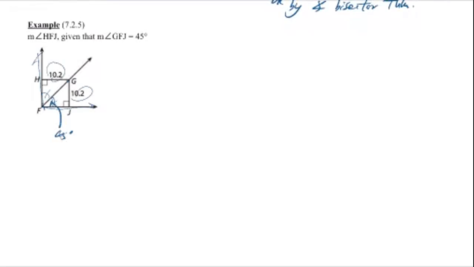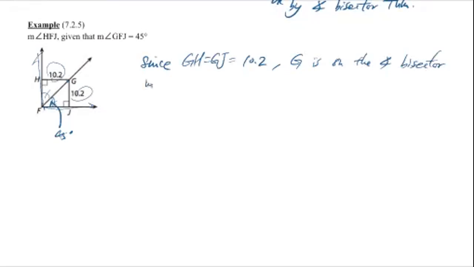I'm going to write a little shorter this time. Since GH is equal to GJ, which are both equal to 10.2, we say that G is on the angle bisector. So we know that angle HFG has to equal angle JFG, which are both 45 degrees.